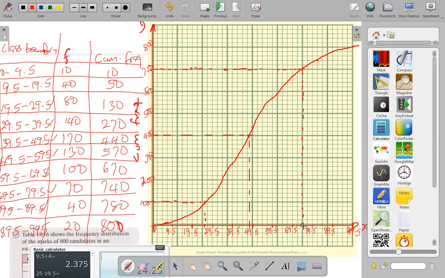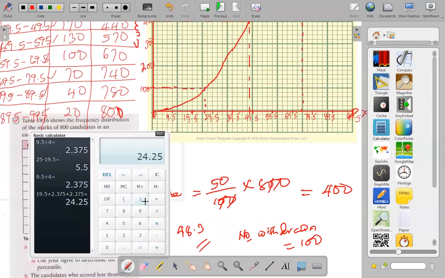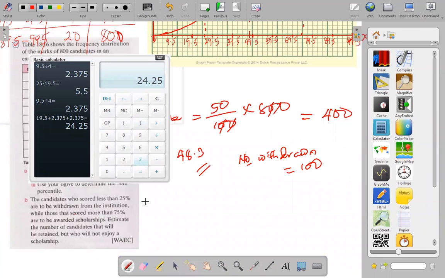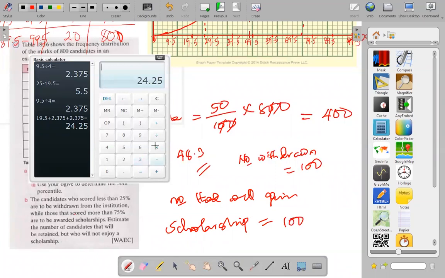So all the people to the right-hand side are the people that score above 75%, and they are from 700 to 800, which is 100 also. So the number that will get a scholarship is 100.